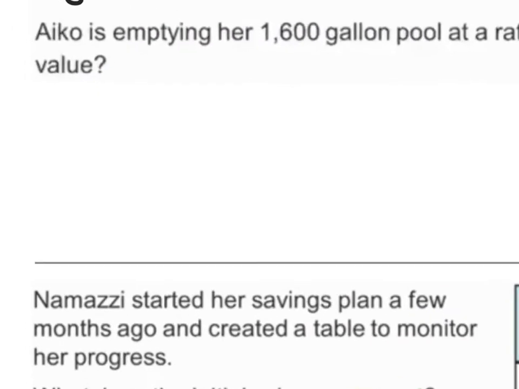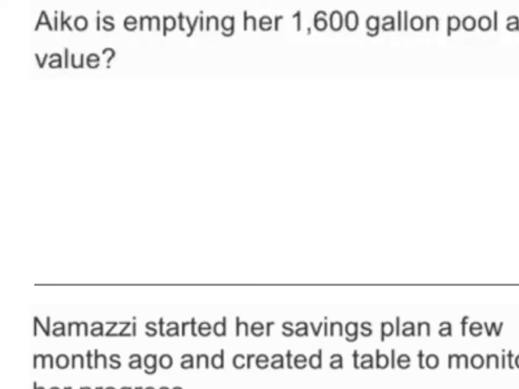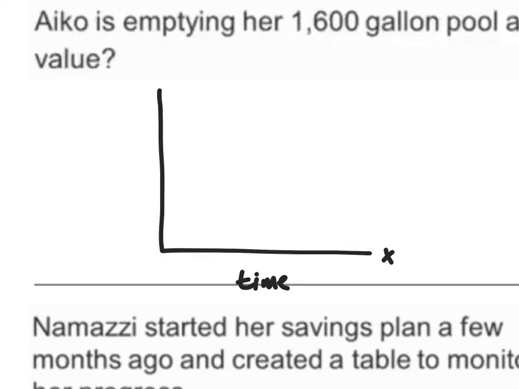So let's think about this for a second, okay? If you're draining a pool, let's say x is time. Your y value is going to be gallons of water, of H2O, okay?